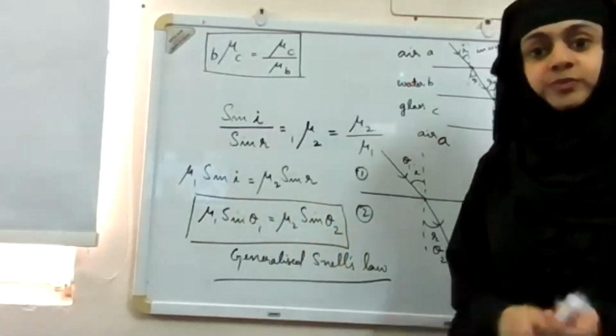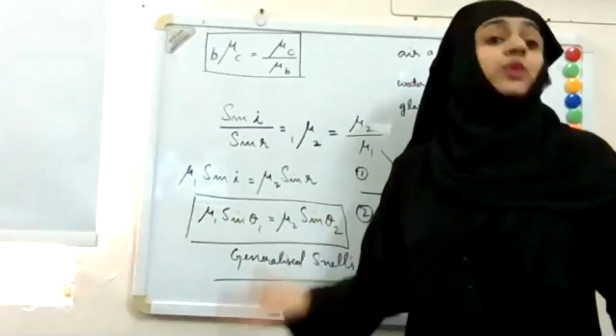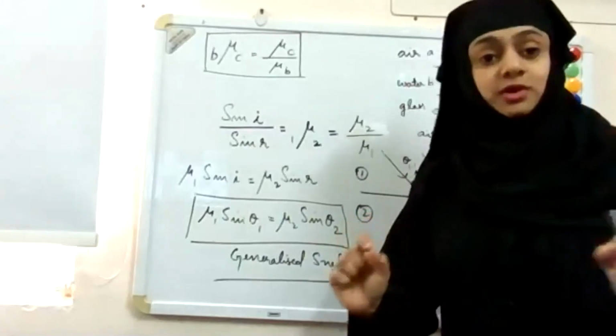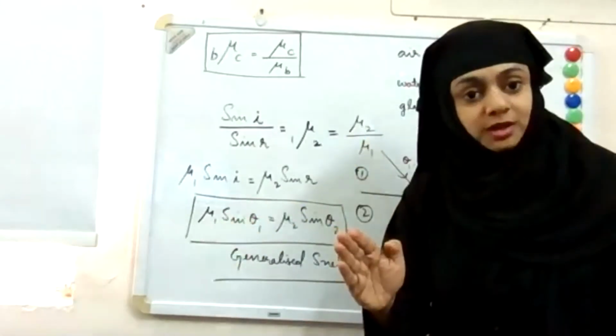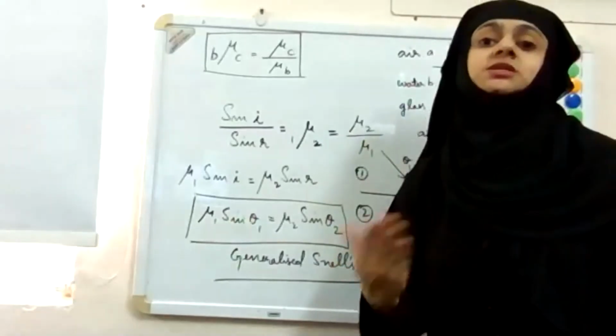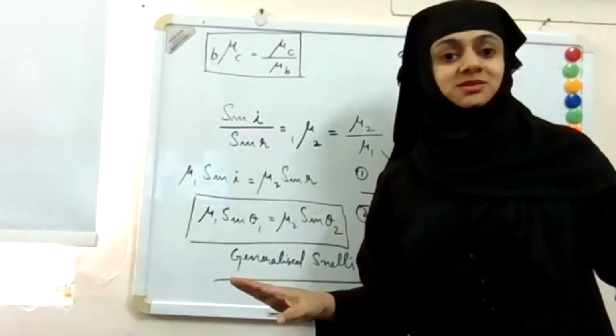That's all. You don't have to care where light is traveling from and to. The refractive index of that particular medium times the sine of the angle made in that medium will be a constant.